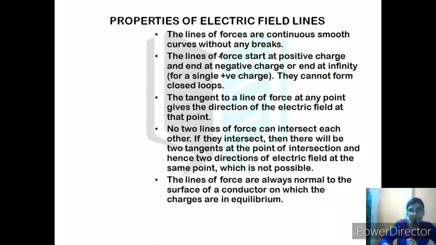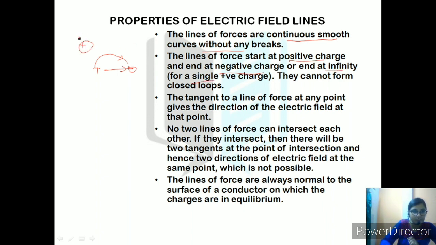First property is electric field lines are continuous smooth curves without any breaks, we have discussed. Second one, the lines of force start from positive and end at negative charge, or end at infinity for a single positive charge.